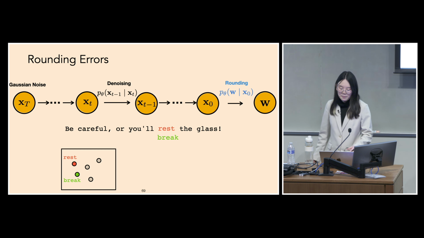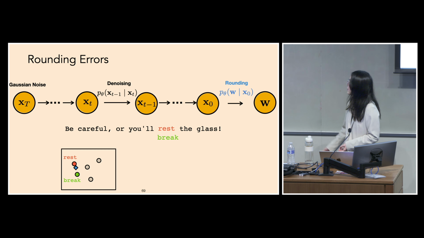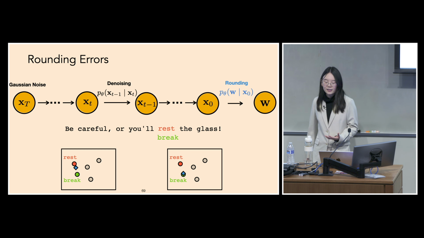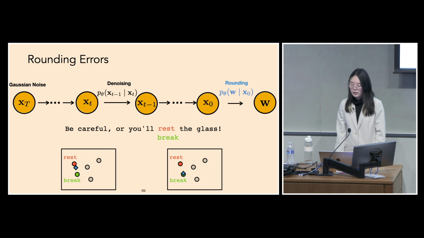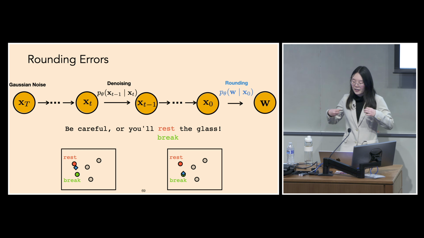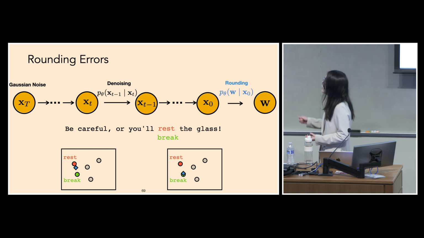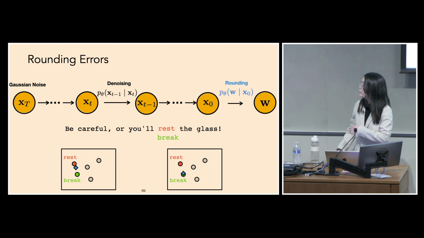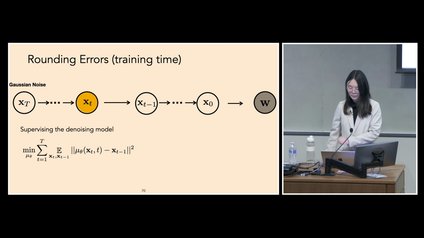So if the predicted embedding falls between the two, but is slightly closer to rest, then we'll observe this rounding error. Ideally, the predicted embedding should align exactly with a word embedding, rather than landing between two. So any of these minor precision errors will accumulate and compound during our iterative denoising process. And next, we will discuss two approaches that can actually address this rounding problem.